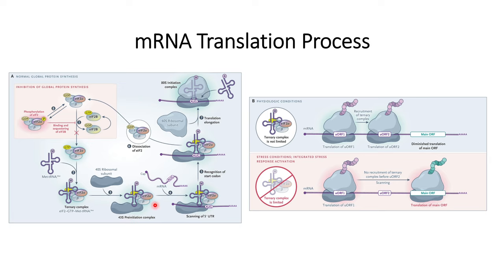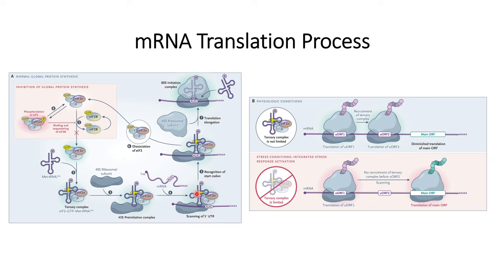After that, this pre-initiation complex will interact with the cap, or 5 prime end of the mRNA, and starts reading the mRNA till it finds the start codon, that is AUG.